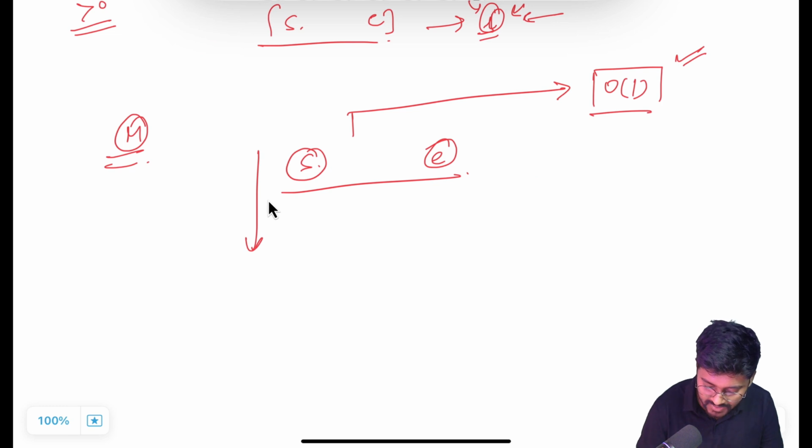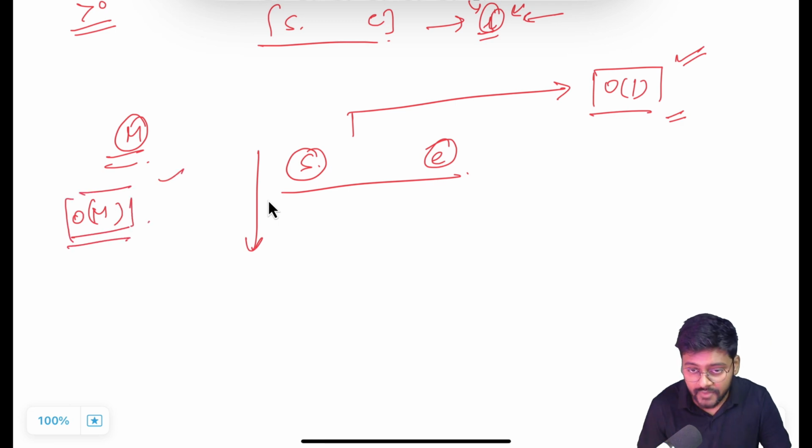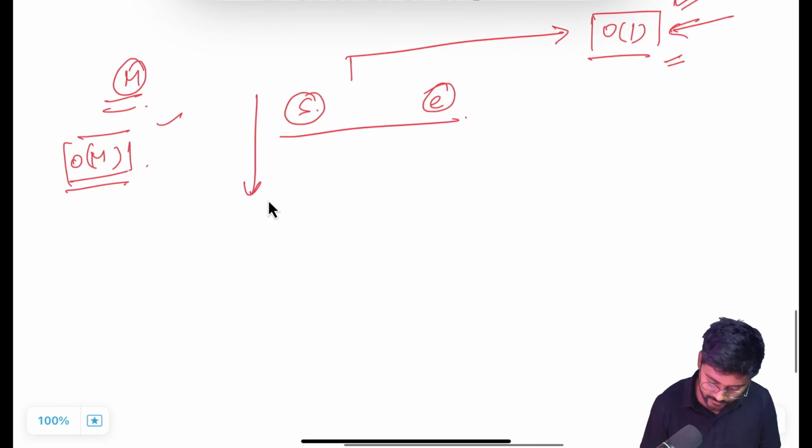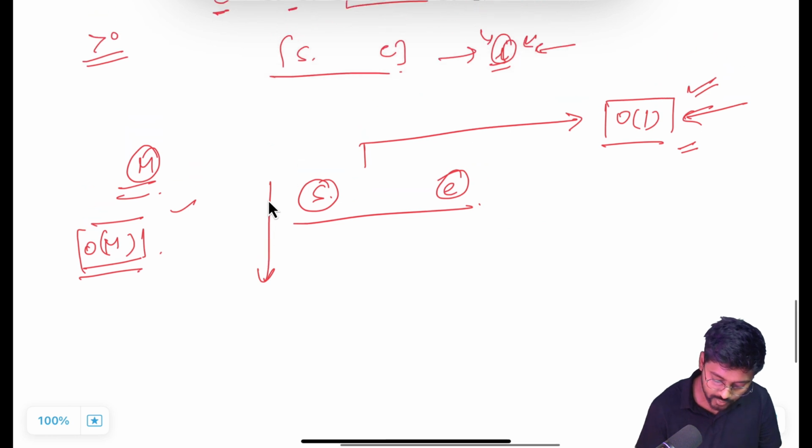Every operation is taking constant time, so m operations will take order of m time. Now if we are able to do some kind of pre-processing that can tell us whether the given range gives a special array or not in constant time, then we will be able to reduce our time from quadratic to linear. So let me tell you how we are going to do that.